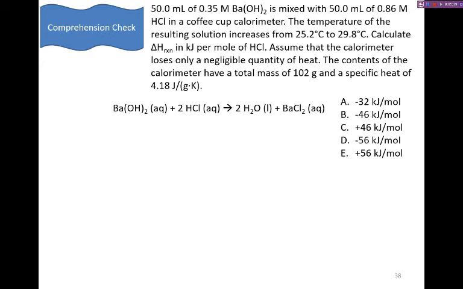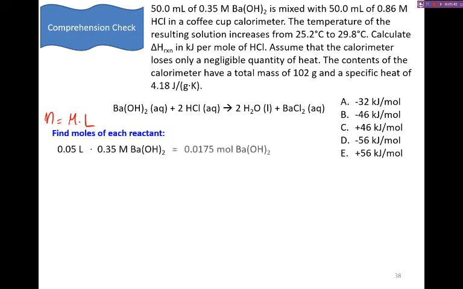We need to first determine the limiting reactant. Okay, so we're going to find the moles of each reactant. We do that by multiplying the molarity times the volume in liters. And then we want to find the limiting reagent.